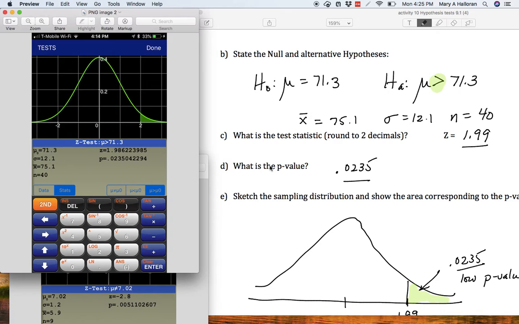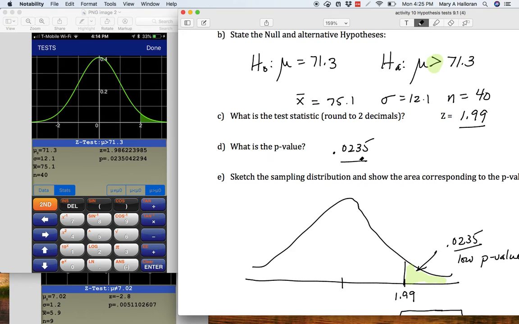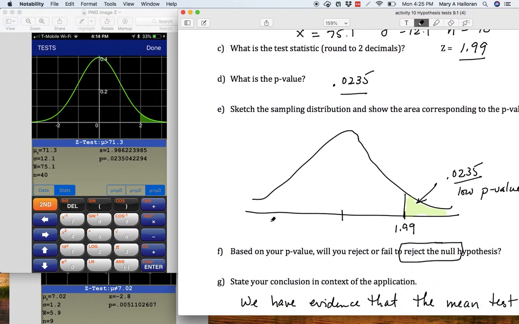So do you see the mean is 71.3, the standard deviation is 12.1, the sample average was 75.1, the sample size was 40. There's my test statistic. I just rounded it to 2 decimals, 1.99. My p-value was 0.0235. This is the shaded region. It's almost 2 standard deviations above. So this is how I can get the answer for my test statistic and the p-value using technology.